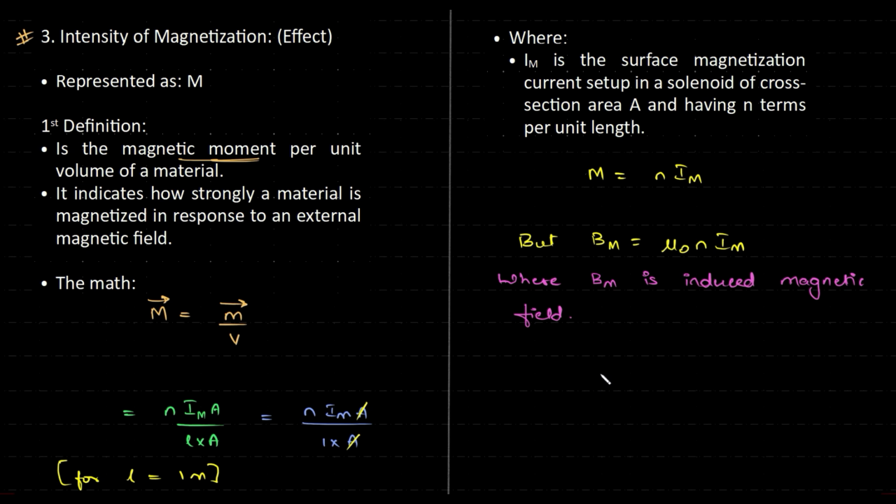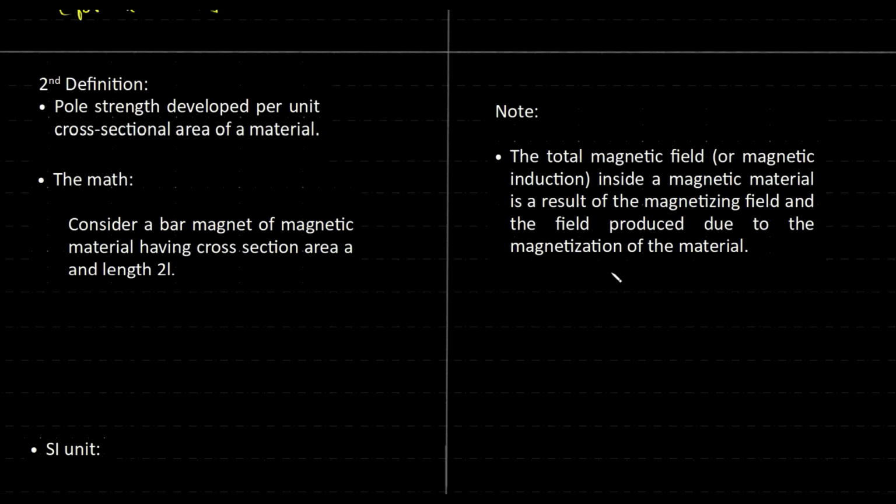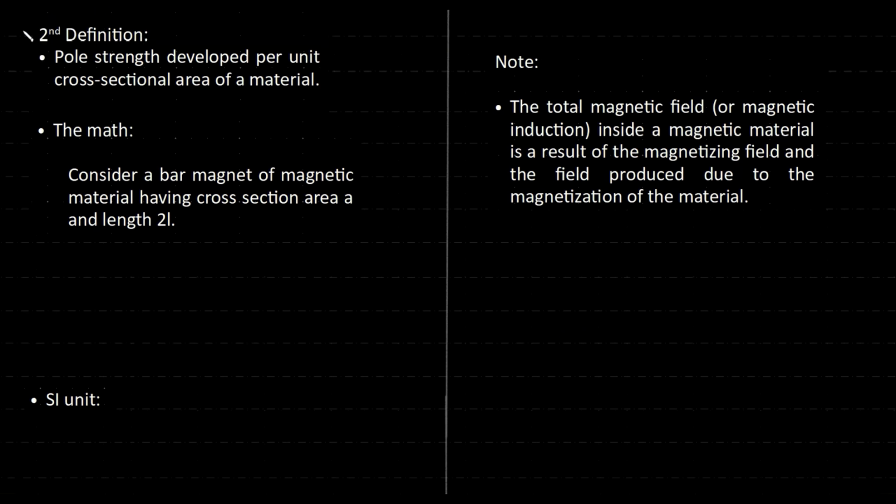So Bm is equal to mu naught M, therefore M is equal to Bm by mu naught. Don't worry, you'll understand this better here itself. There's one more definition and we'll be able to explain that better.